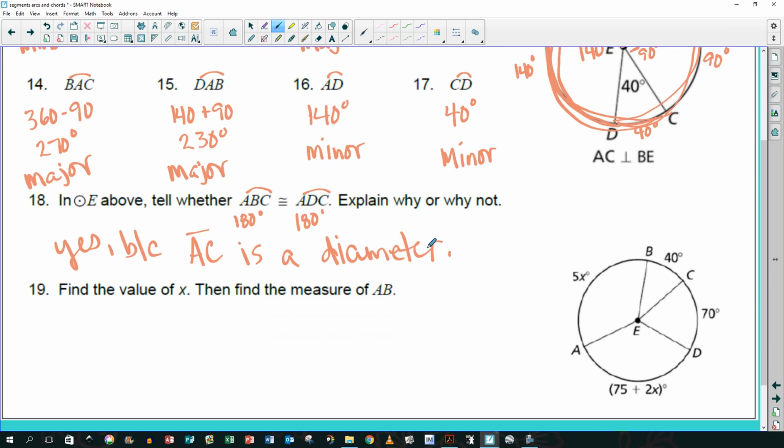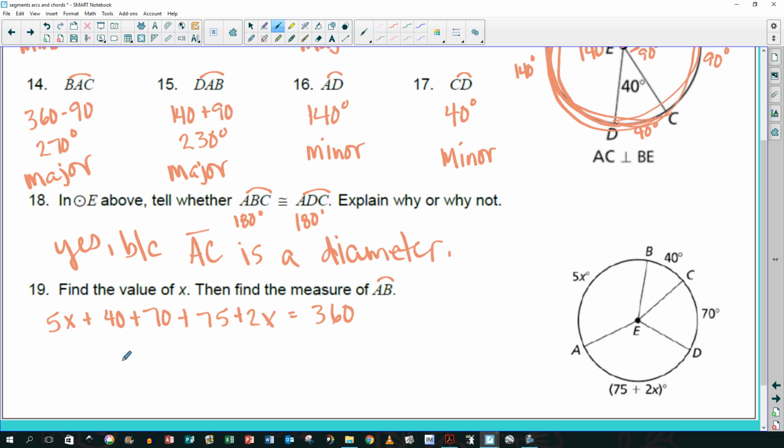So let's look at this one over here. It says find the value of x. Well, what do we know? Well, I know that all the way around is 360. So if I add all of these four things up, it's going to equal 360. So 5x plus 40 plus 70 plus 75 plus 2x equals 360 degrees.